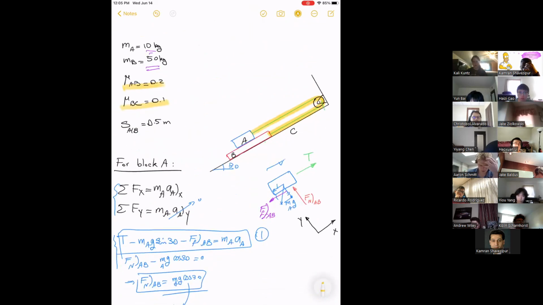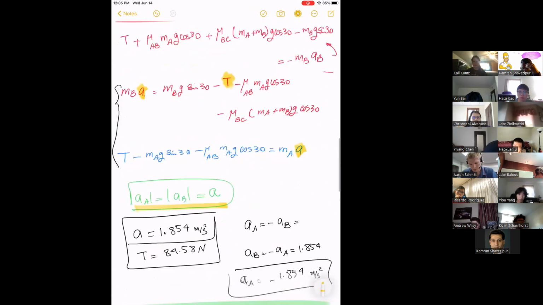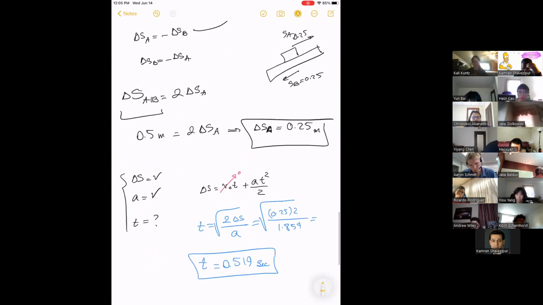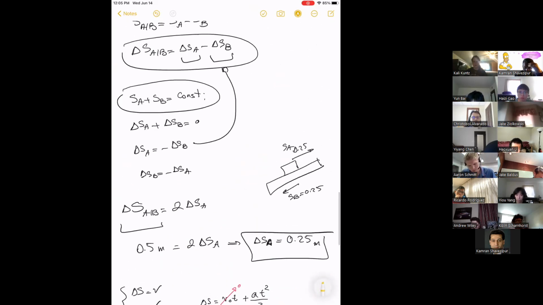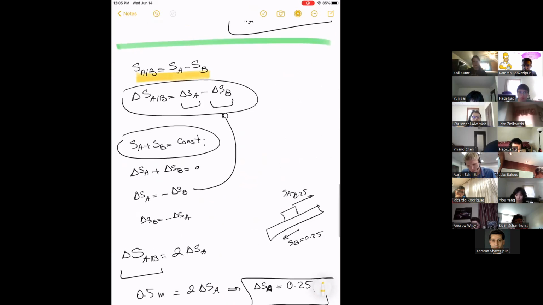After that, when we solved it, to find the time required, we had to go to relative motion analysis, right? Because B and A move relative to one another, and technically the relative displacement is what we're looking for. We went back to this equation, found that the absolute displacement of A and B is equal, and we solved it.